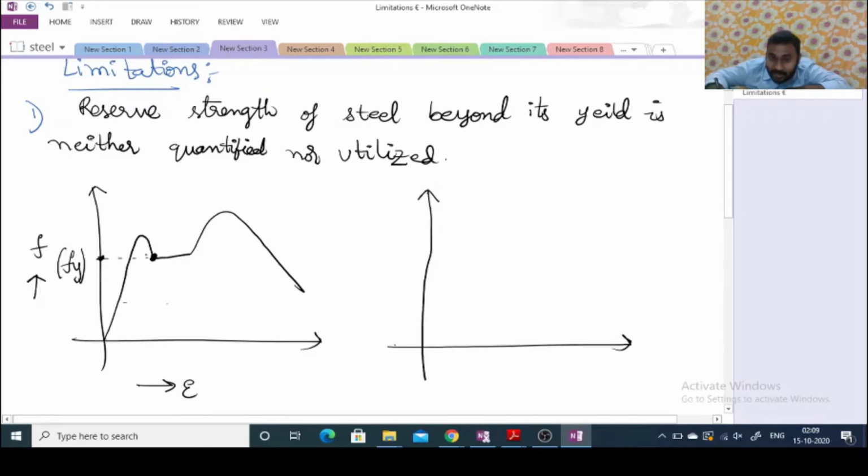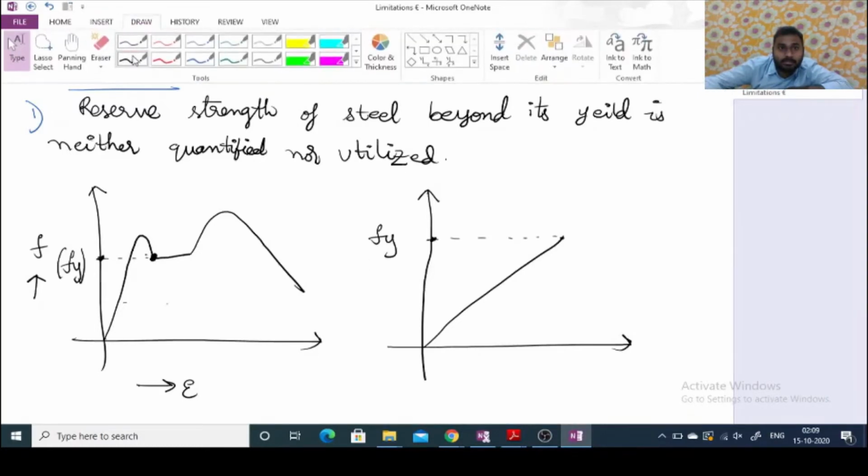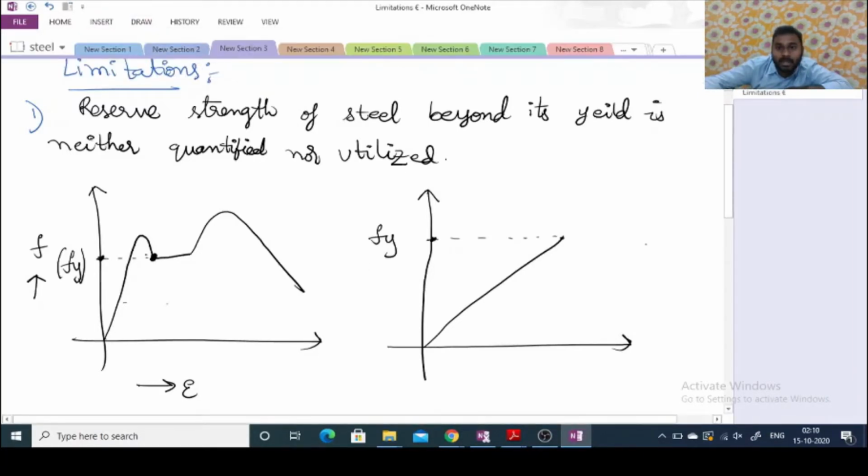Hence the graph here is this. The stress corresponding to this point is Fy. The basis for this method is linear elasticity.